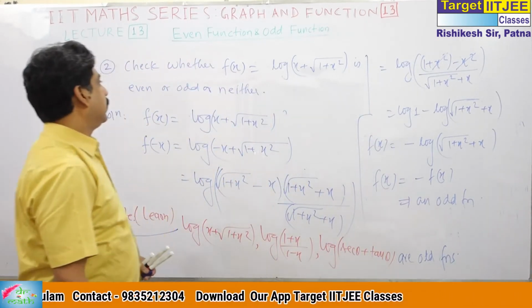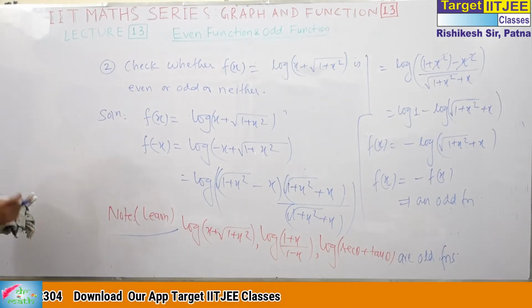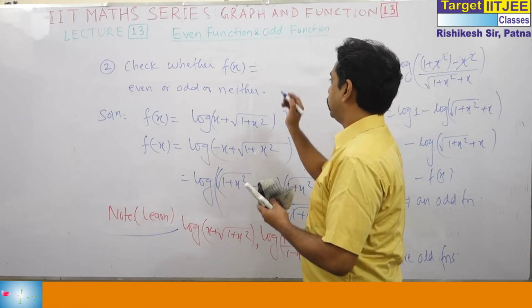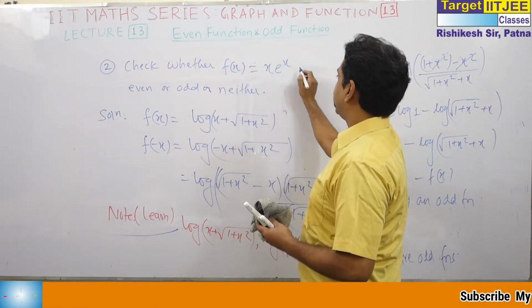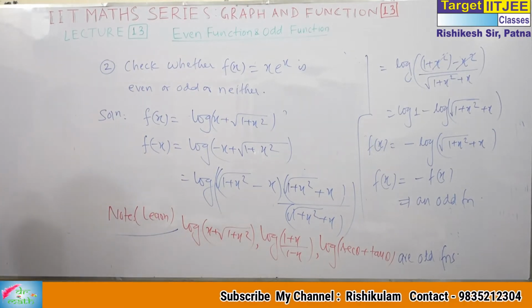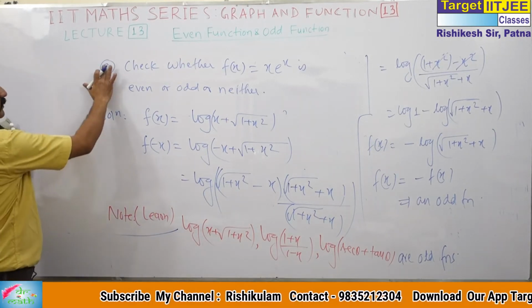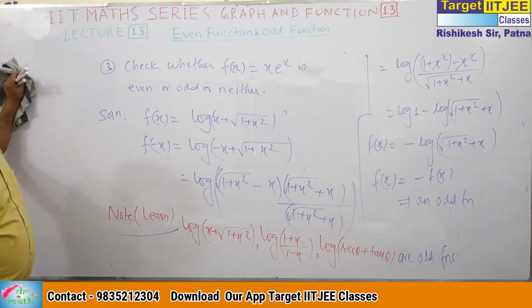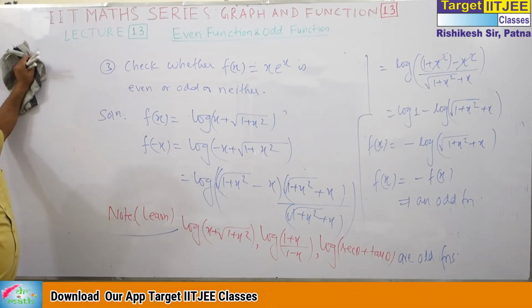Now, see. Come to this. Check whether f(x) is equal to x into e to the power x is even, odd or neither. Interesting. Third one. Make a pause and write. This is interesting.